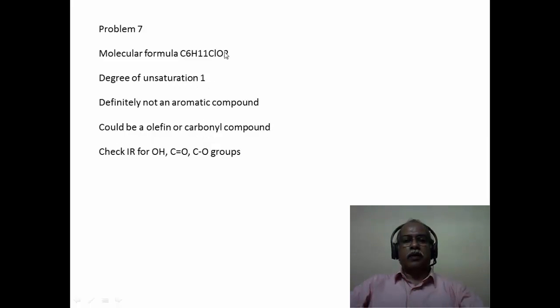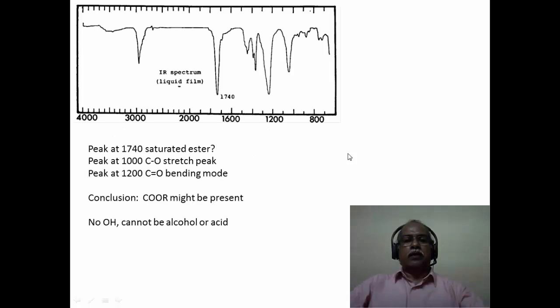Because of the presence of oxygen, we will have the routine check of the presence or absence of OH and carbonyl functional groups, and because there are 2 oxygens present here, one can check whether there is a carbon-oxygen double bond as well as a carbon-oxygen single bond stretching frequency in the infrared spectrum of this compound. Now the infrared spectrum is shown here. 1740 is a saturated ester peak.